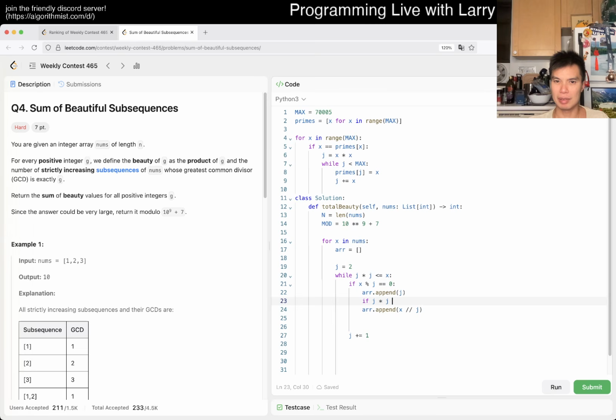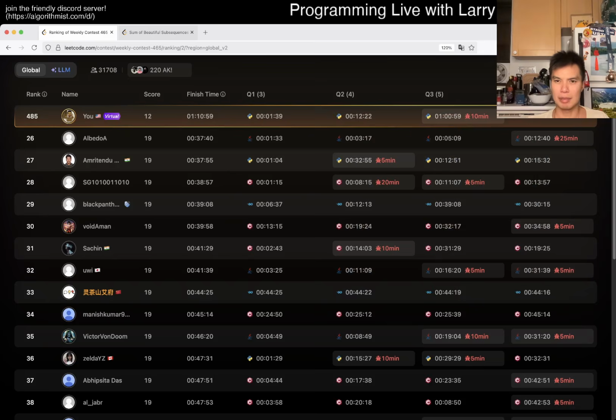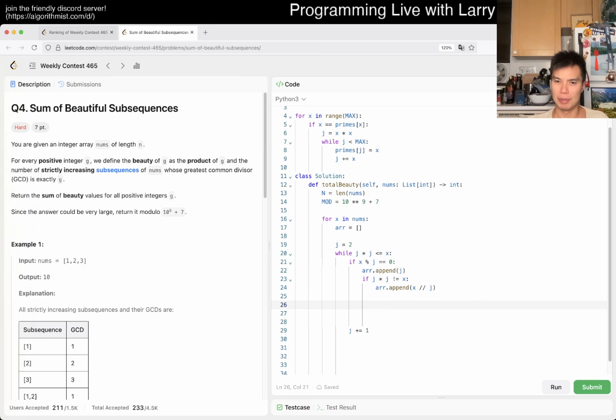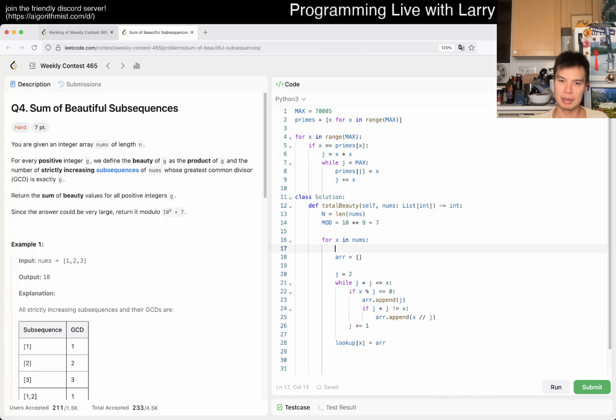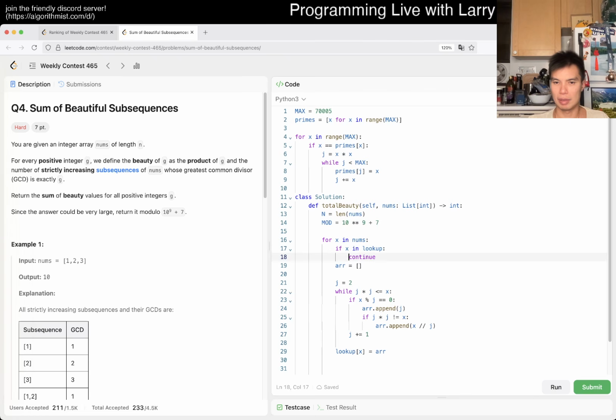Did I write this before? Things are getting blurry. Did I already write this? I don't know. Okay, so then now we have this, right? And then we have, maybe if. Okay. And then now, how do we want to write the other part?